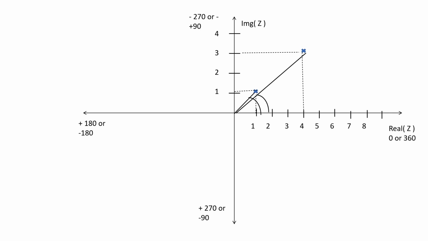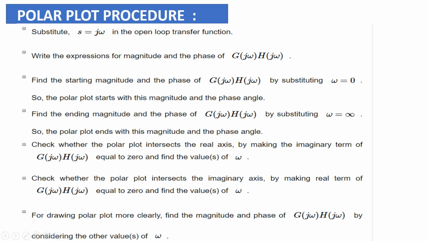Similarly, if we equate the imaginary part to 0, then we can find the intersection with the real axis. These 4 points are what is required to actually plot the polar plot. By considering these 4 points, we can draw the polar plot.